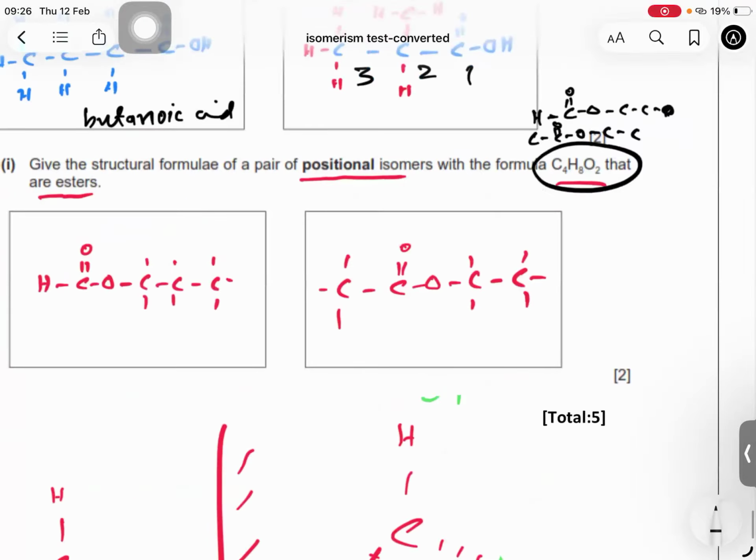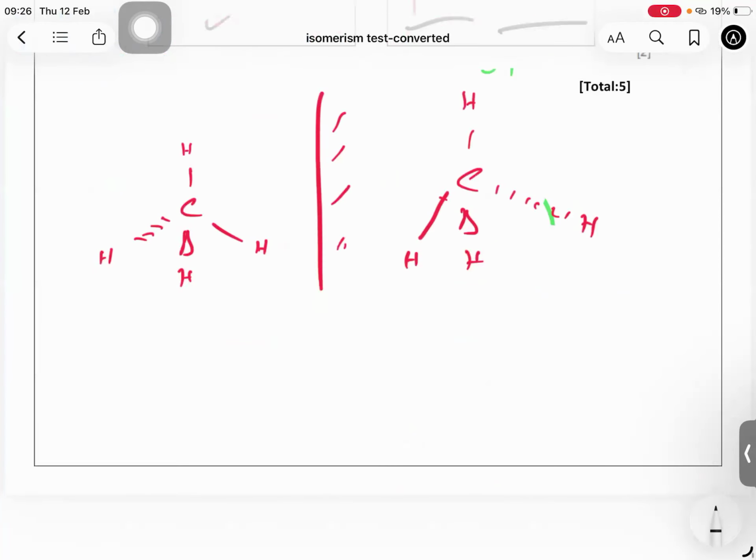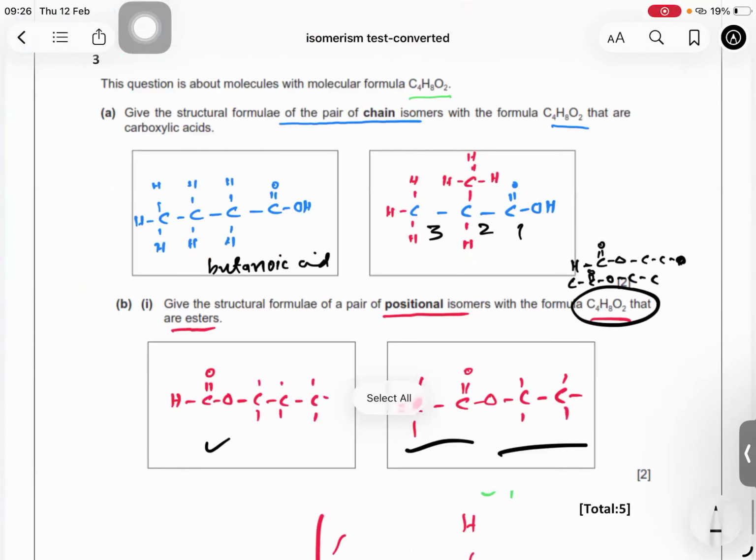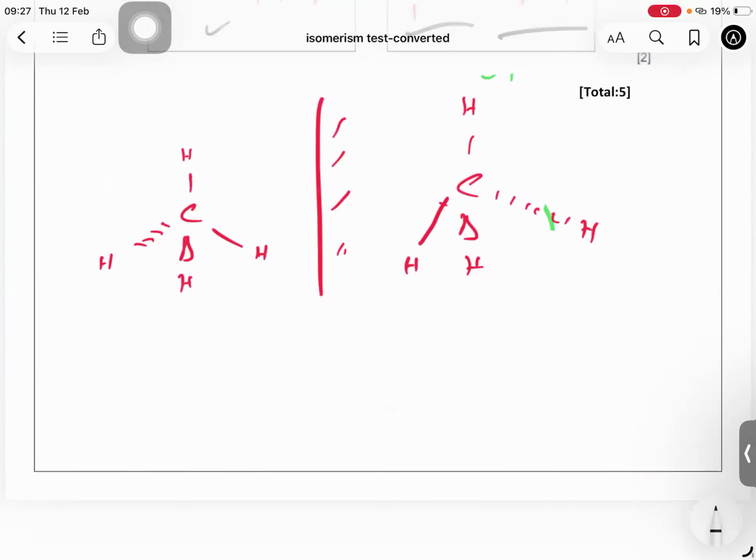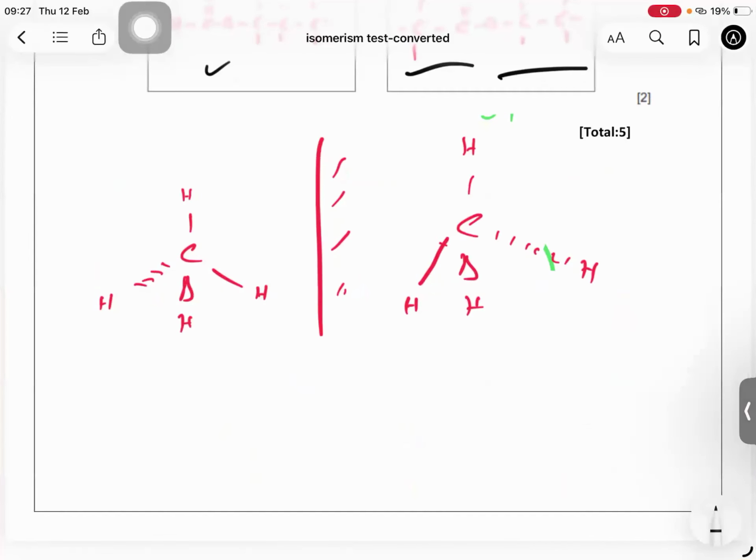You see I've drawn it here, all 4 carbons on one side, and then I've drawn it like this. Is it clear? So these are the different types of questions related to isomerism. Now I continue with another sheet.